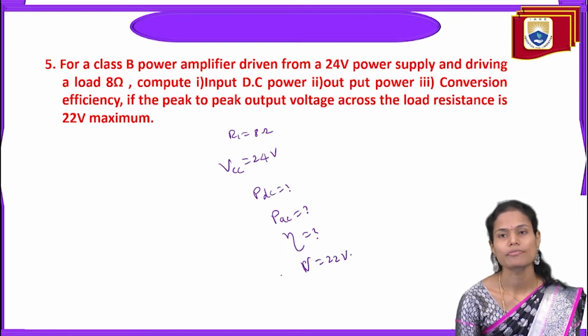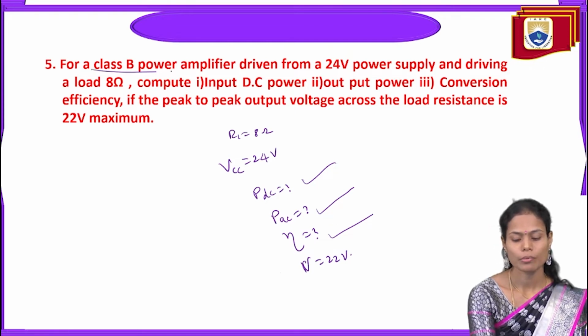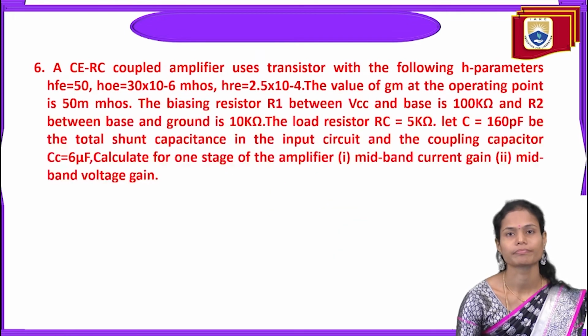So in this case, from the current and voltage, we need to find the DC power as well as AC power, then the efficiency of the given power amplifier. This particular problem we discussed in the problems on power amplifier session.